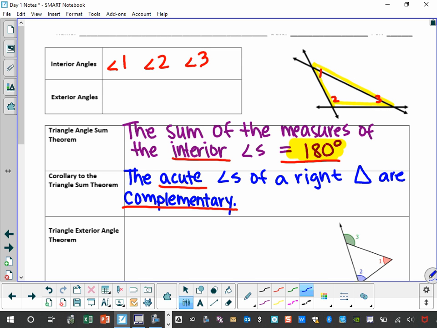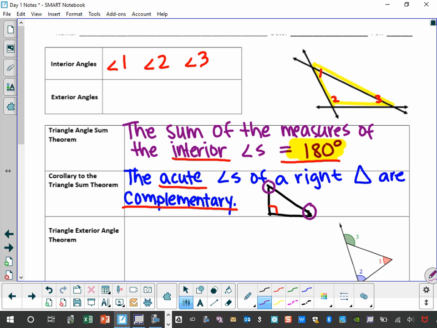It's actually quite simple. If we have a right triangle, and the total amount inside my triangle is 180, that means that this angle and that angle will equal 90 degrees. If you do 180 minus 90, you're left with 90.